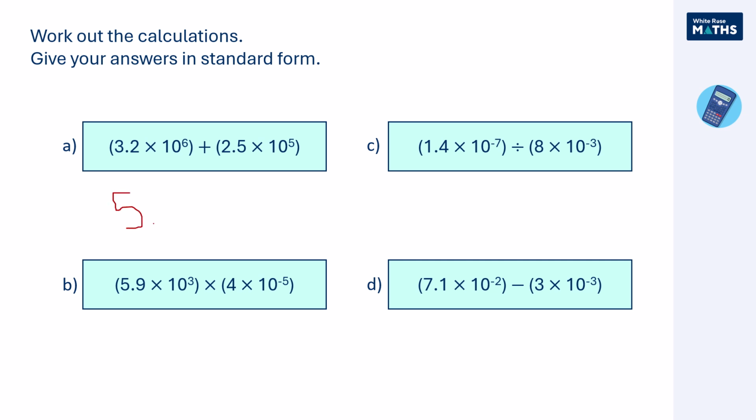Actually, I can just change it into standard form.